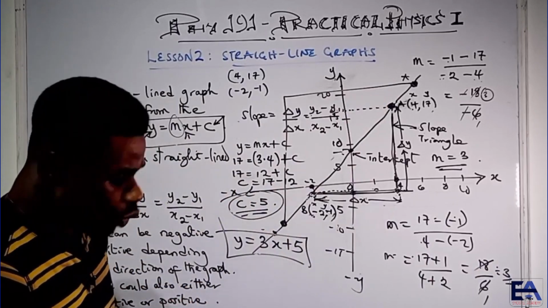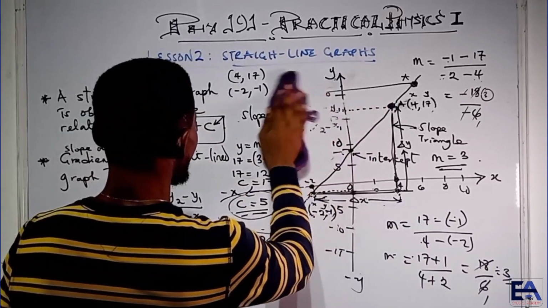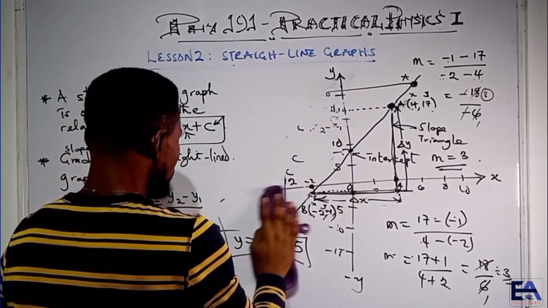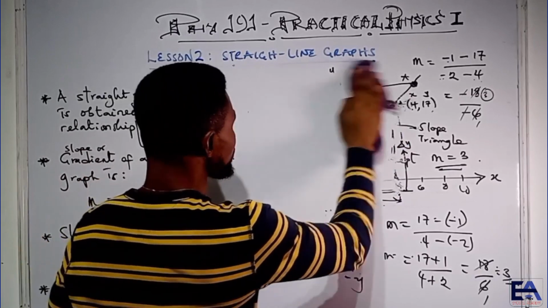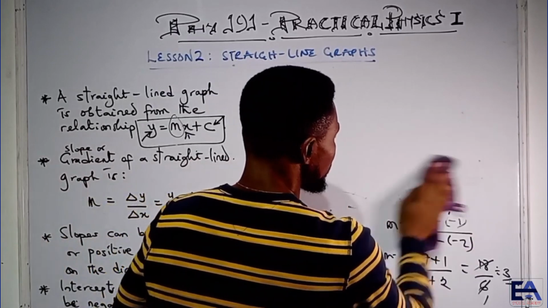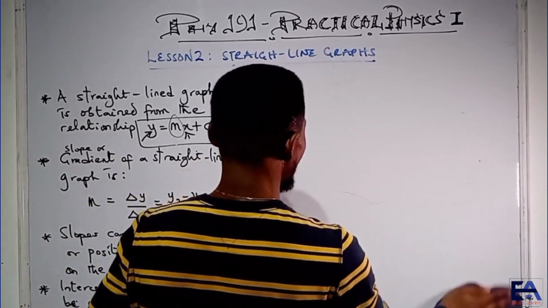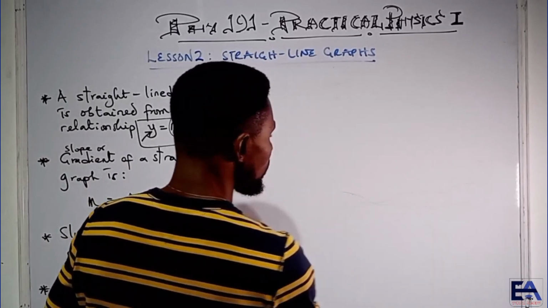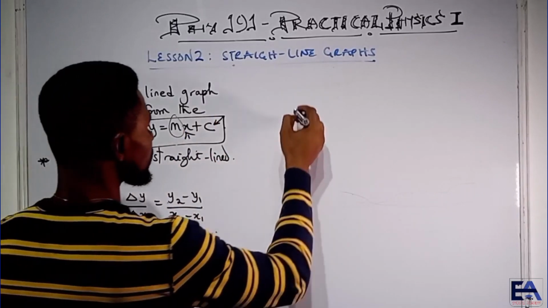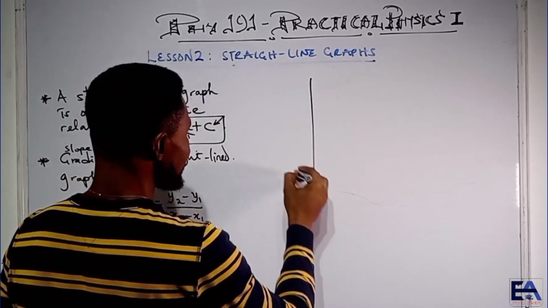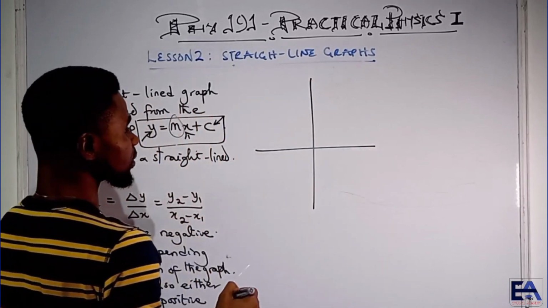Now, talking about the two kinds of slope that we can have on a straight line graph: negative slope and positive slope. Let's say we have our graph like this.